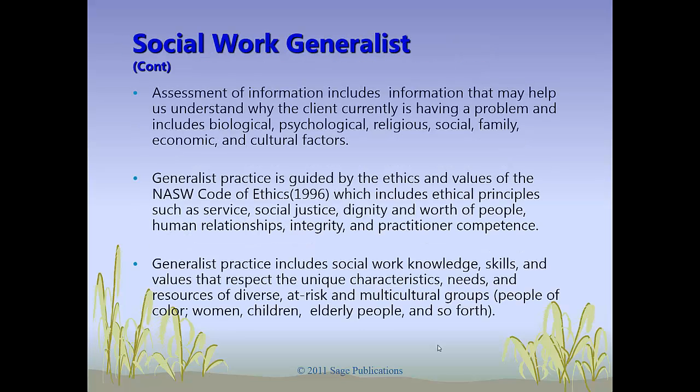Assessment includes information gathering that might help us understand why the client is currently having a problem. One big area that's important, and I've mentioned this earlier, is that we need to be aware of our clients' medical problems or their biological health, because oftentimes we can wind up treating a problem as a behavioral or emotional issue that has a purely biological basis. I believe it is in this chapter that the author uses thyroid problems as an example.